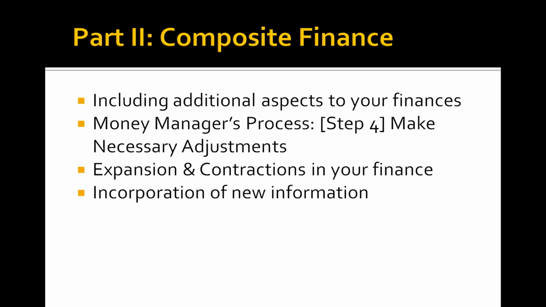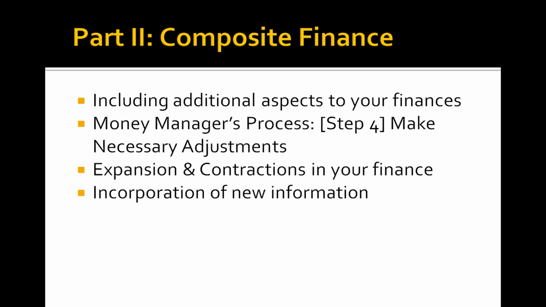Two of the things that we're going to be covering is incorporating new items. If you wanted to change something in your budget, let's say that you went from taking the bus, where you normally would pay a flat rate, to getting a car, where you're going to have maintenance, and the finances are going to change for that.